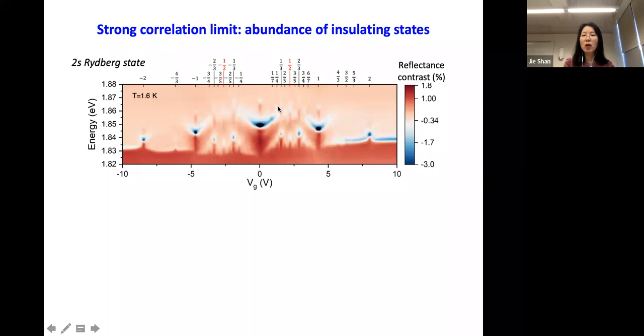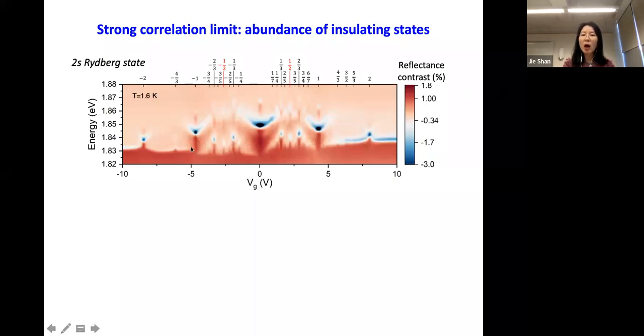So I want to point to a few features. The background at lower energy doesn't have much absorption. This pretty much means that for most metallic states, my 2s sensor excitons are dielectrically screened quite a lot by what's going on in the sample.